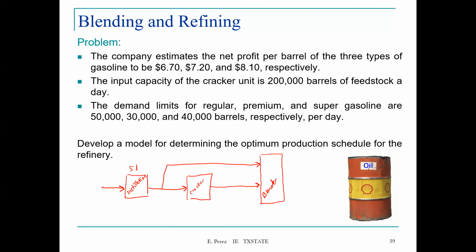So 5 barrels of crude will produce 1 product of ON equals 82. So this is ON 82. And some of it will go to the cracker, some of it will go to the blender. And then in the cracker, we have a ratio of 2-to-1. 2 barrels of feedstock will produce 1 of ON 98.